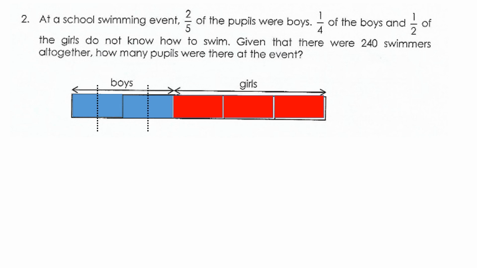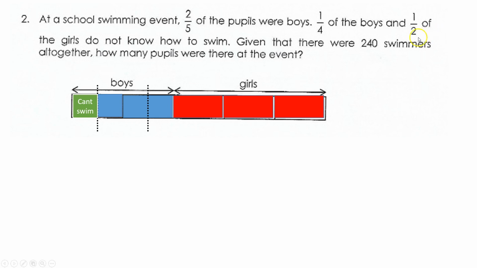So right now there are 4 equal parts. 1, 2, 3, 4. And out of these 4 units, they said that 1 quarter of these boys cannot swim. So I'm going to use a third color. I'm going to shade that box and I say 1/4 of the boys cannot swim. So I just put the short form can't swim.